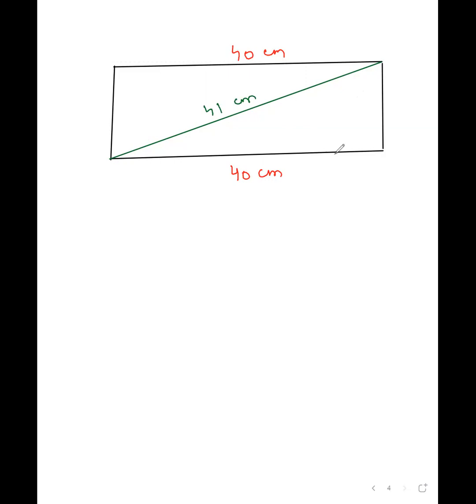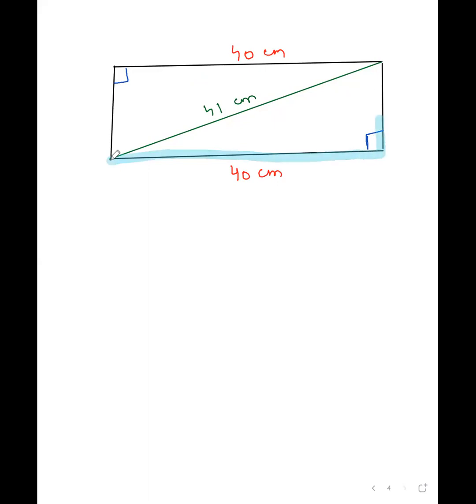They're not isosceles. But I can see a triangle. Two triangles. This is one triangle, this is another triangle. And since it's a rectangle, these two are right angle triangles.